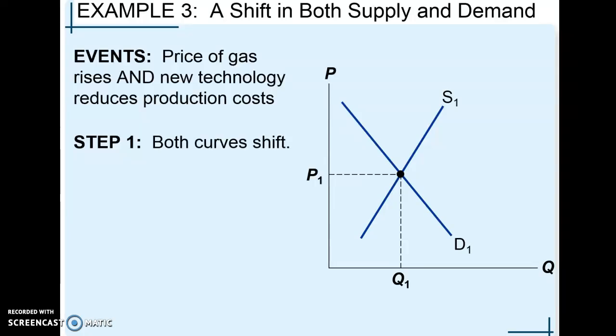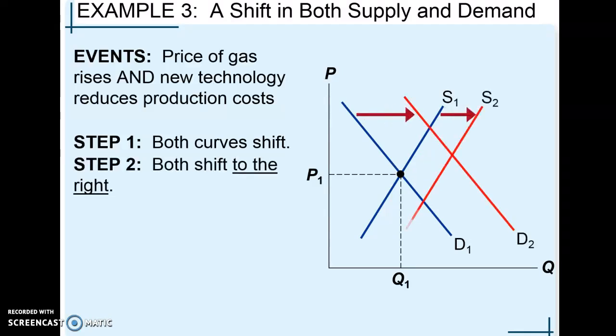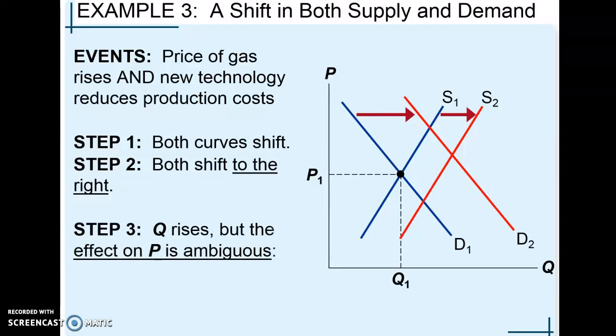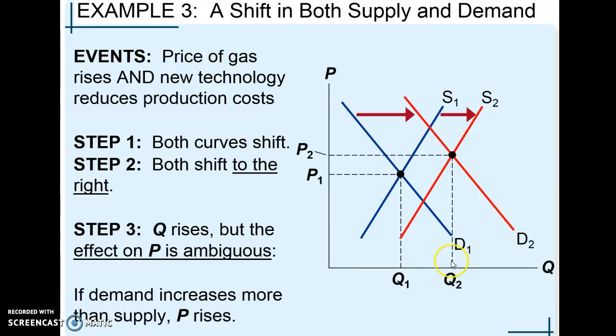What if we have a shift in both supply and demand? The price of gas rises and new technology reduces the production costs. Both curves are going to shift. The quantity that's going to be demanded is definitely going to increase.